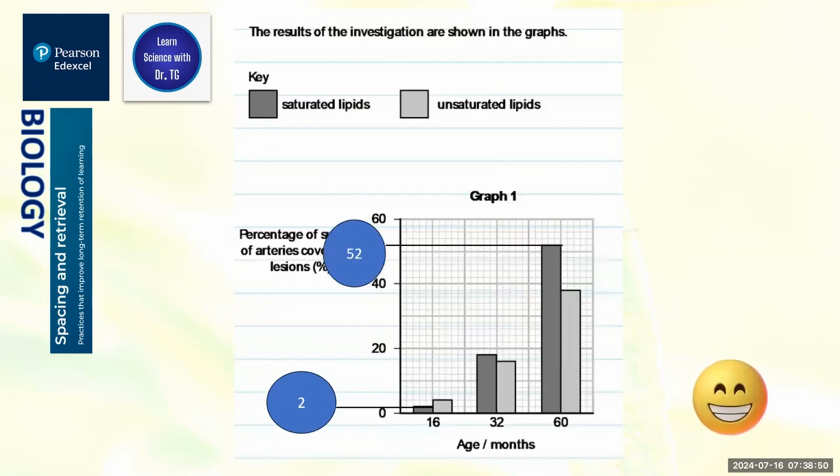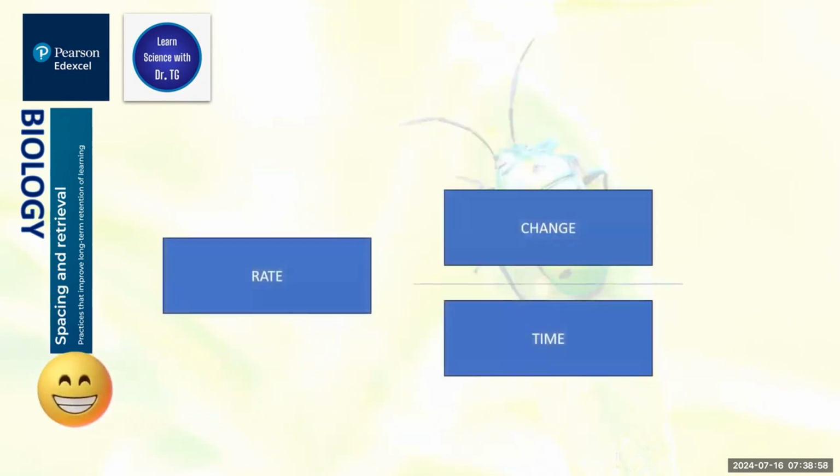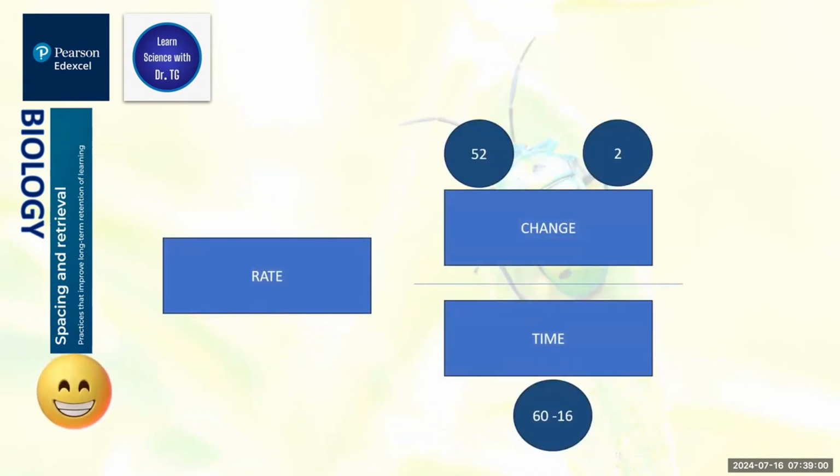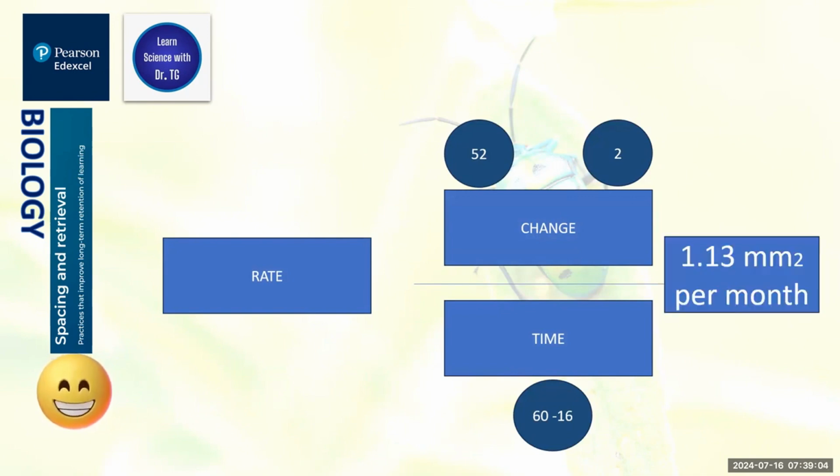So the difference is 52 minus 2. Then you have to divide by the time, 60 minus 16. So 52 minus 2 divided by 60 minus 16. The answer is 1.13 square millimeter per month. This is the rate with the unit.